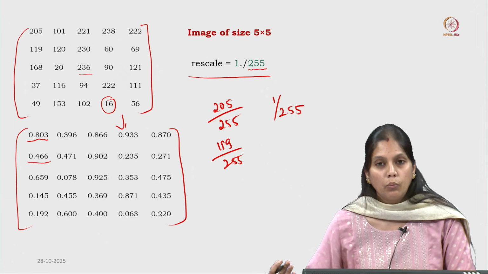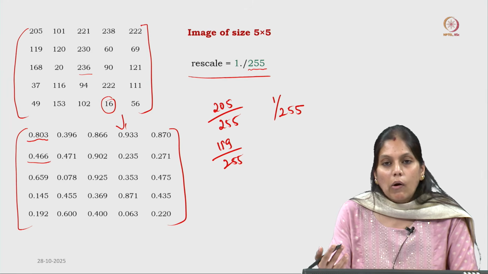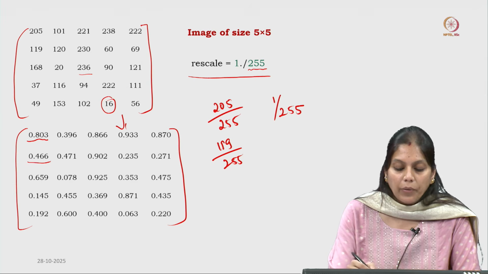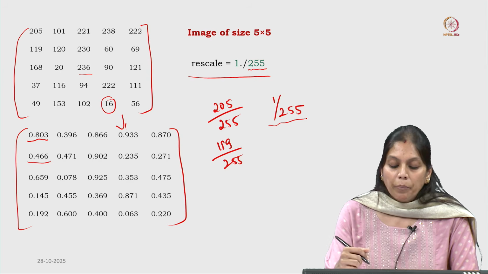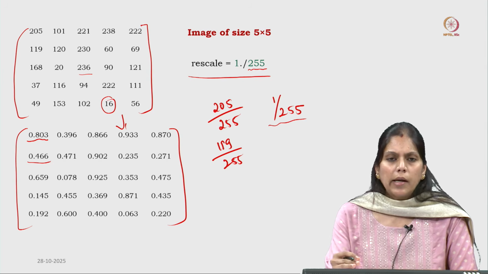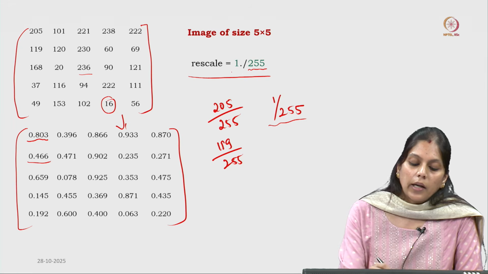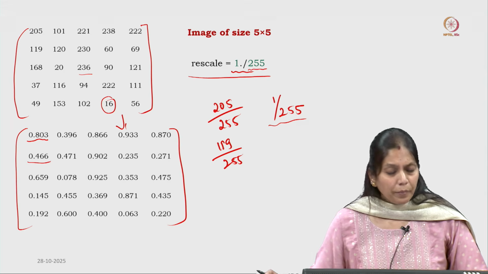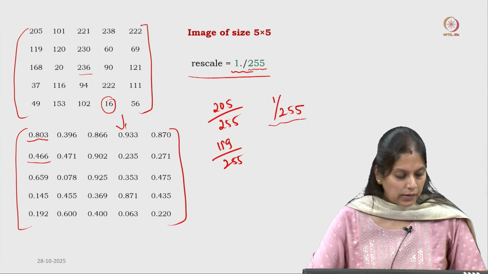In Python 2, when we write 1 divided by 255, it is integer division, but from Python 3 onwards, it is floating-point division. So, just to make sure it is explicitly a floating-point division, we write it as 1 point divided by 255. This is just for Python convenience.